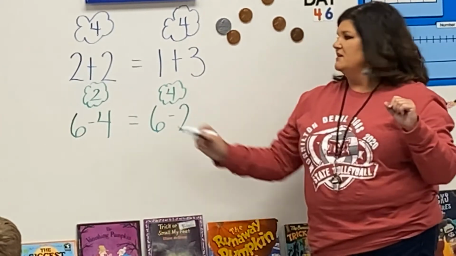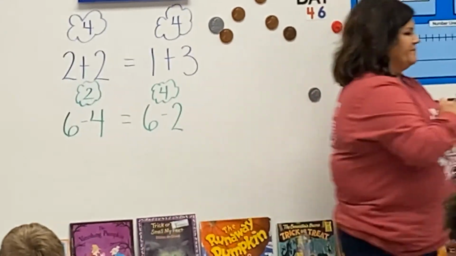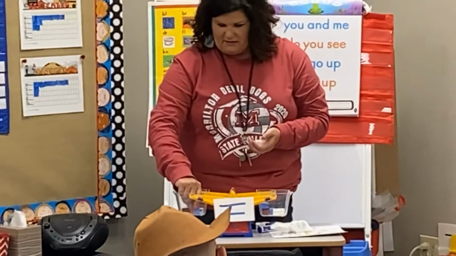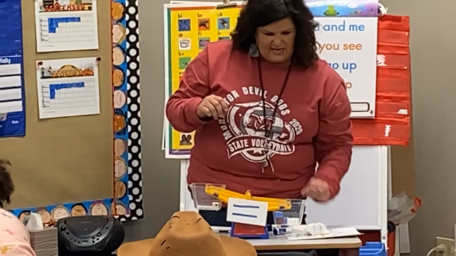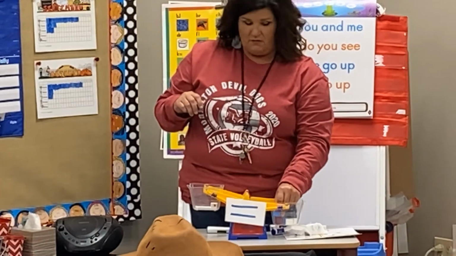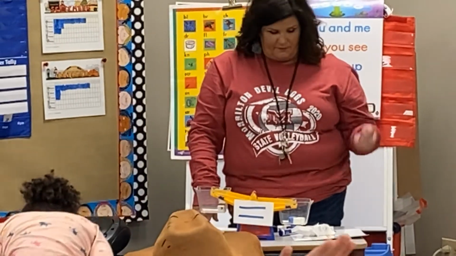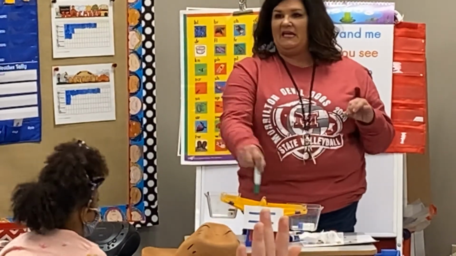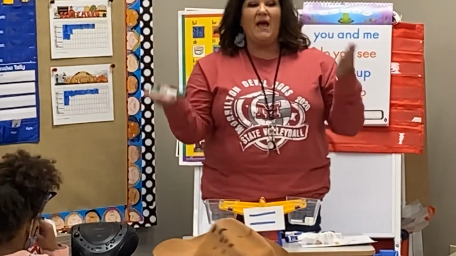And we do the same way. Is 2 the same amount as 4? Well, let's see. I have 6 on this side and 6 on this side. On this side, I'm going to take away 4. 1, 2, 3, 4. On this side, I'm going to take away how many? 1, 2. Is it equal? No. Okay, good job.